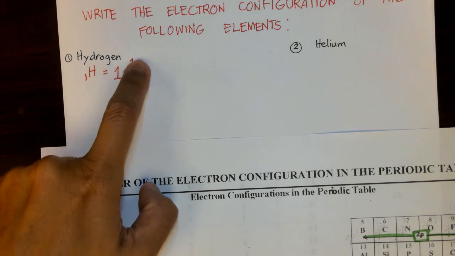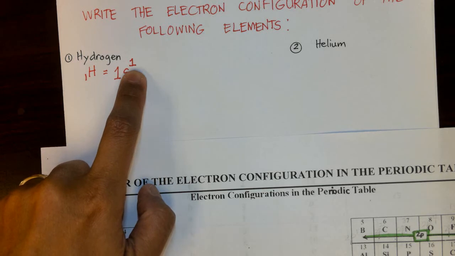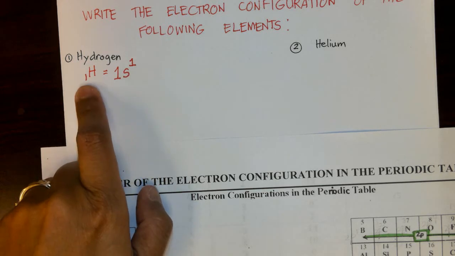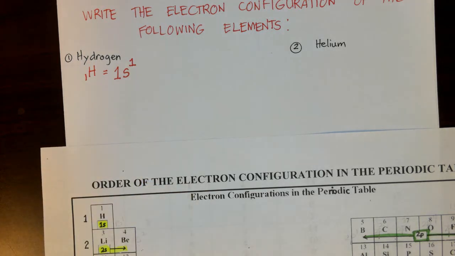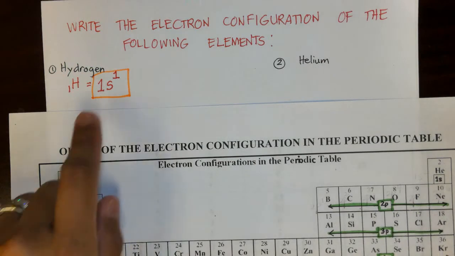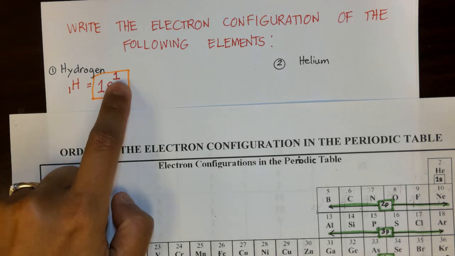The 1 on top represents the actual number of electrons for the element hydrogen. 1s1 is the final electron configuration of hydrogen because it only has 1 electron.